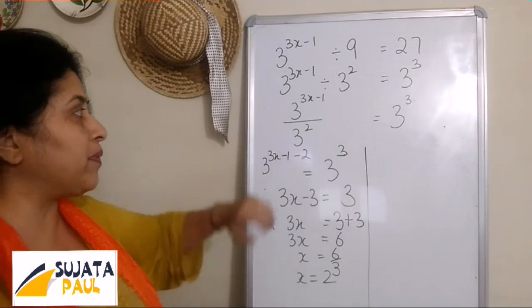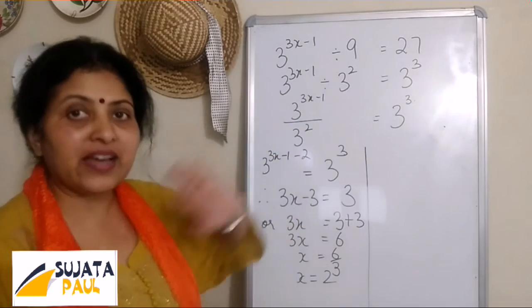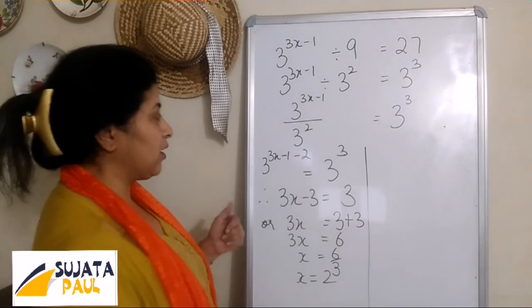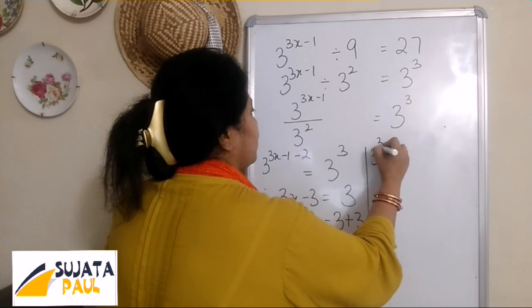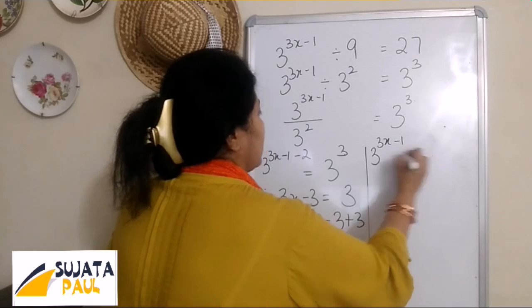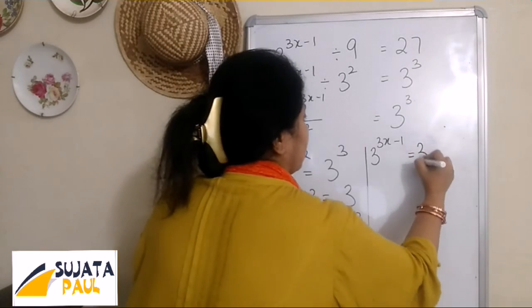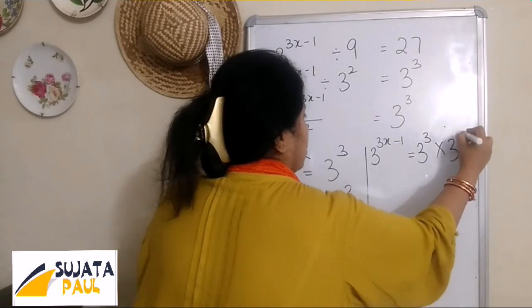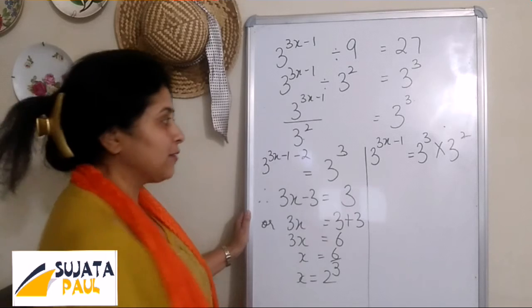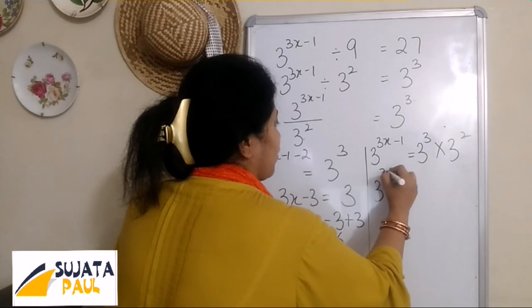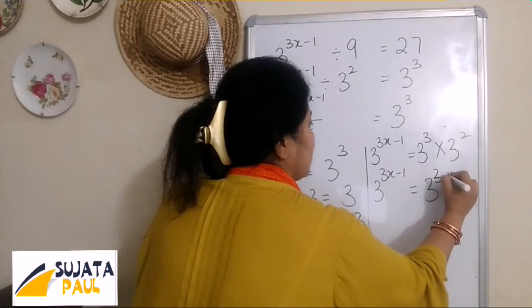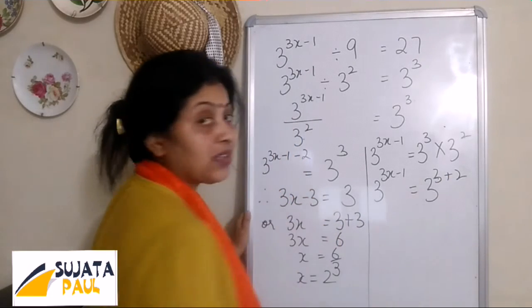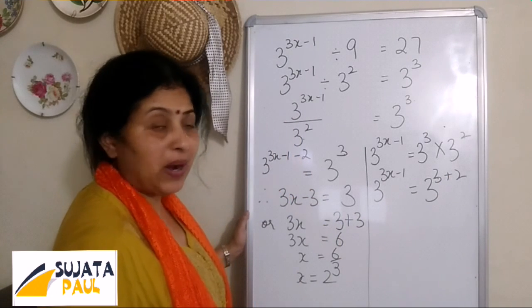Right? Let's see what happens if I were to take this side. This is my second method. You can do it by either of the two. 3 raised to the power of 3x minus 1 is equal to, I multiply this here, 3 and 3 raised to the power of 2. Right? 3 raised to the power of 3x minus 1 is equal to 3 to the power 3 plus 2. You've done this earlier, right? The power law.